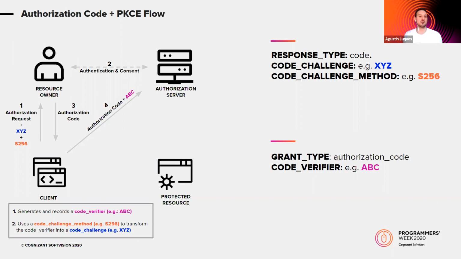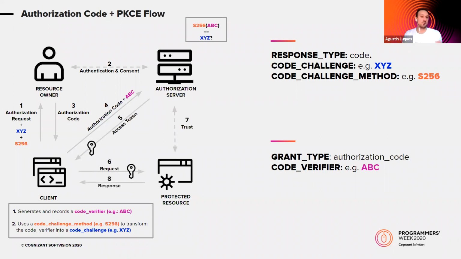With this code verifier, the authorization server can validate this code, because it will hash the code verifier with the method and will compare it to the code challenge we sent before. If everything is okay, we'll return back the access token and the flow will continue as usual.